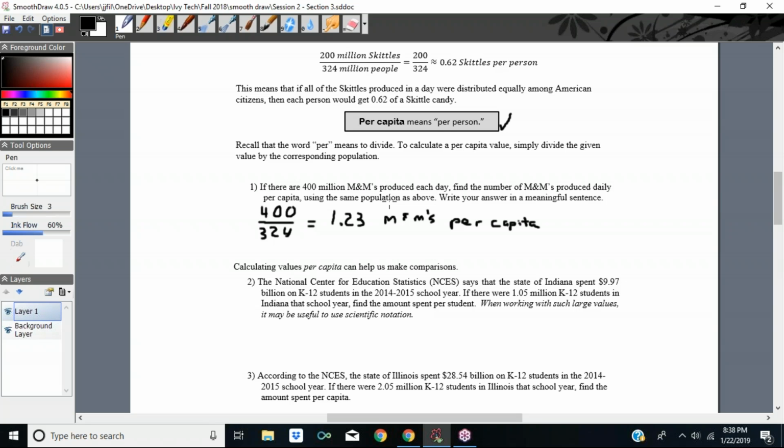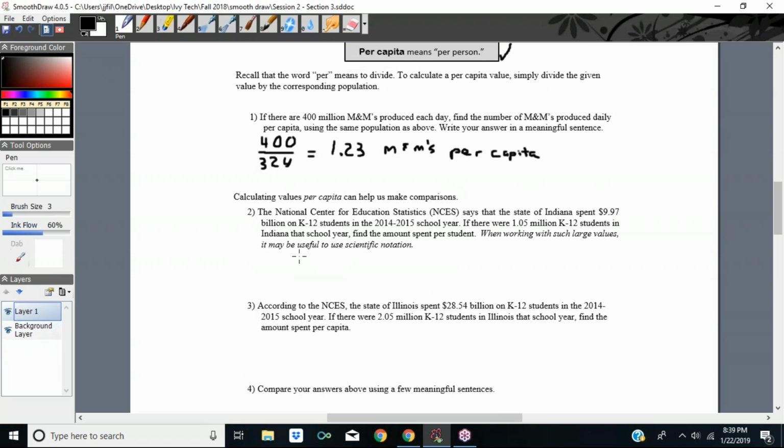Number 2 says, the National Center for Education Statistics, NCES, says that the state of Indiana spent $9.97 billion on K-12 students in the 2014-15 school year. If there were 1.05 million K-12 students in Indiana that school year, find the amount spent per student. It says when working with such large values, it may be useful to use scientific notation.